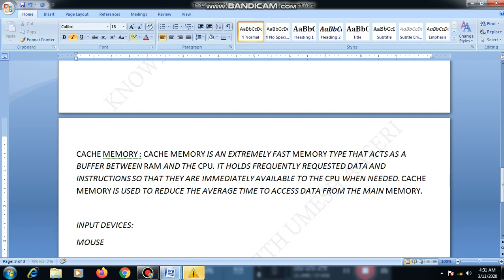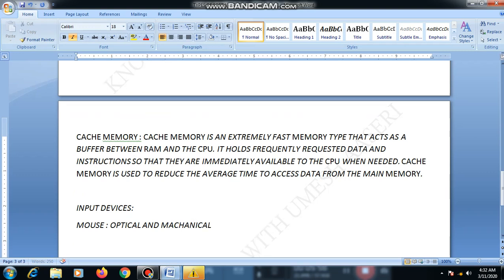First one is mouse. Mouse mainly has two types: optical and mechanical.